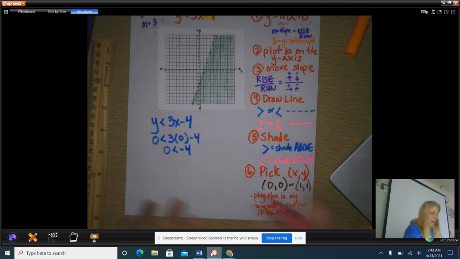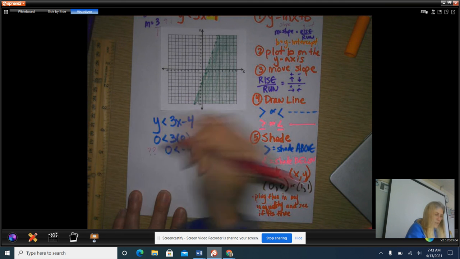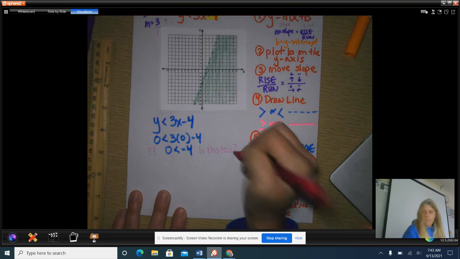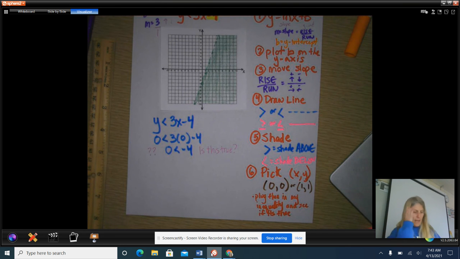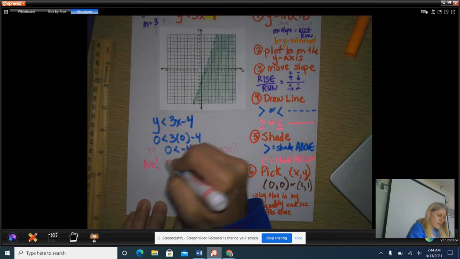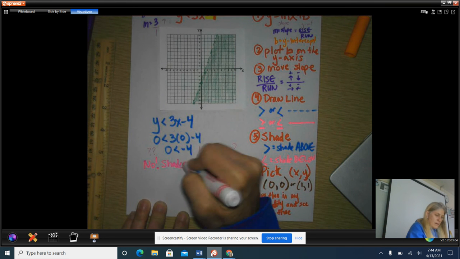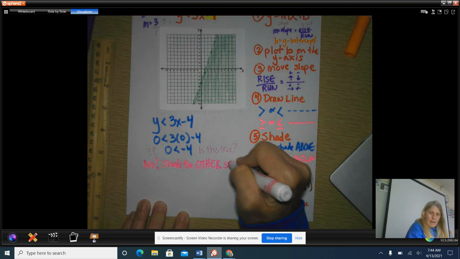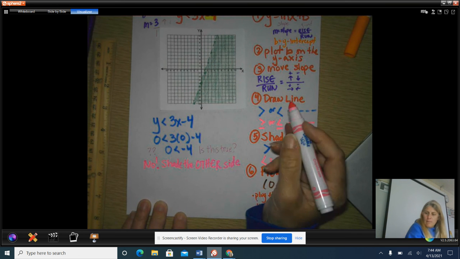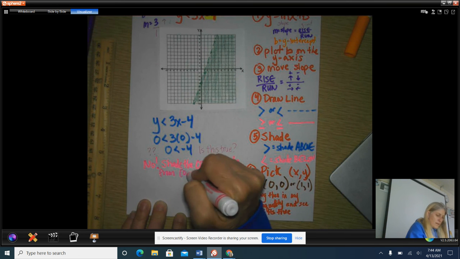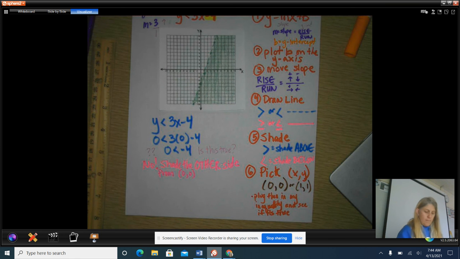Now, at this point, I'm going to ask the question, is this true? If the answer is no, then I am going to shade the other side from the point 0, 0, or 1, 1 if I use that one.